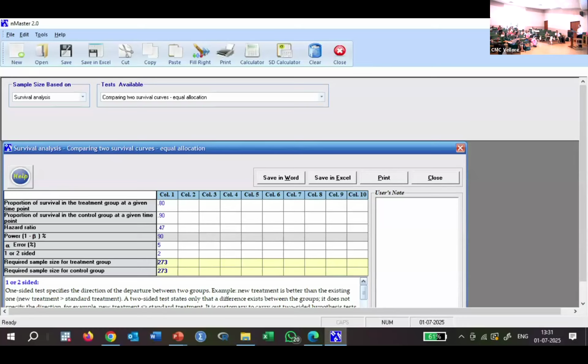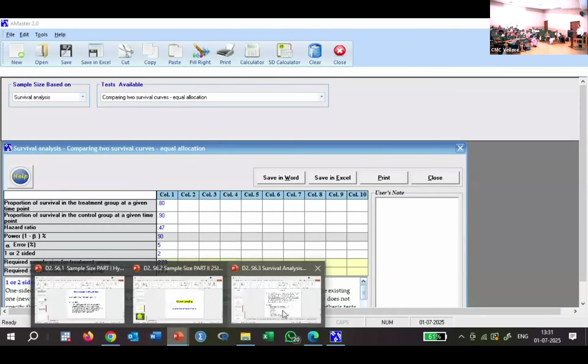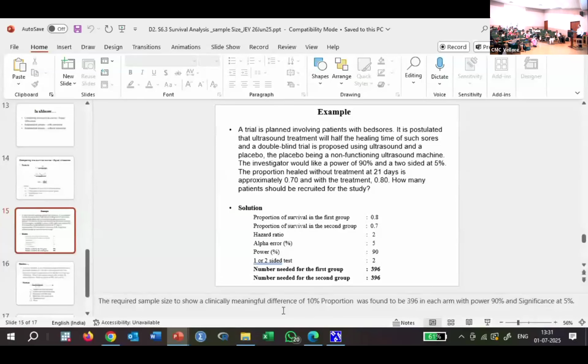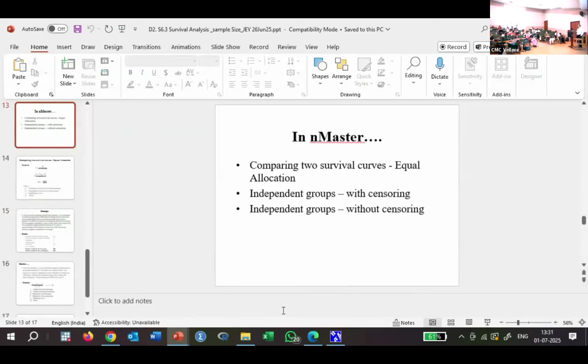Any questions? Yes, sir. Survival analysis is being talked about, but the example which has been shown is about how soon the bed sore is healing. So it is not related to survival. Healing is the outcome. Healed or not is the outcome.